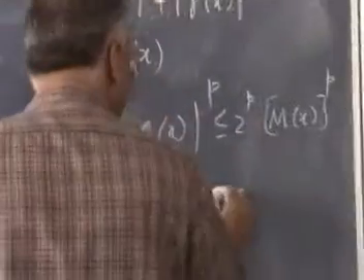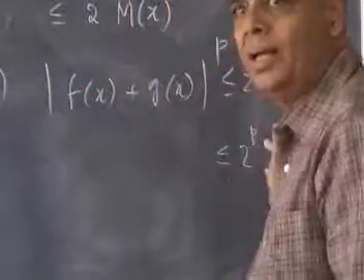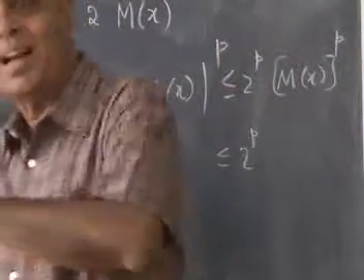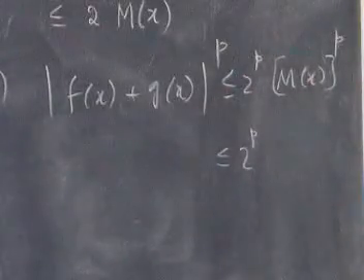Now, mx to the power of p may be mod fx to the power of p at one point, and at another point it may be mod gx to the power of p, depending on which is maximum at that point.